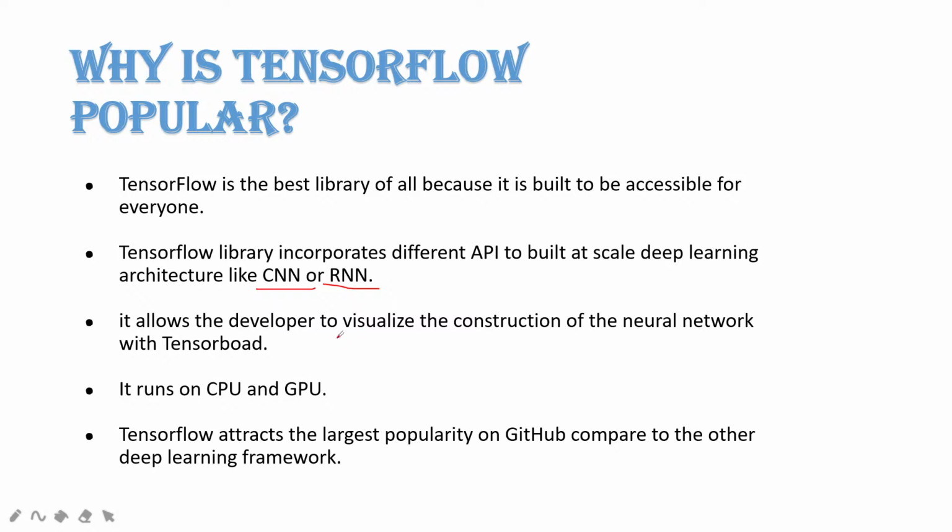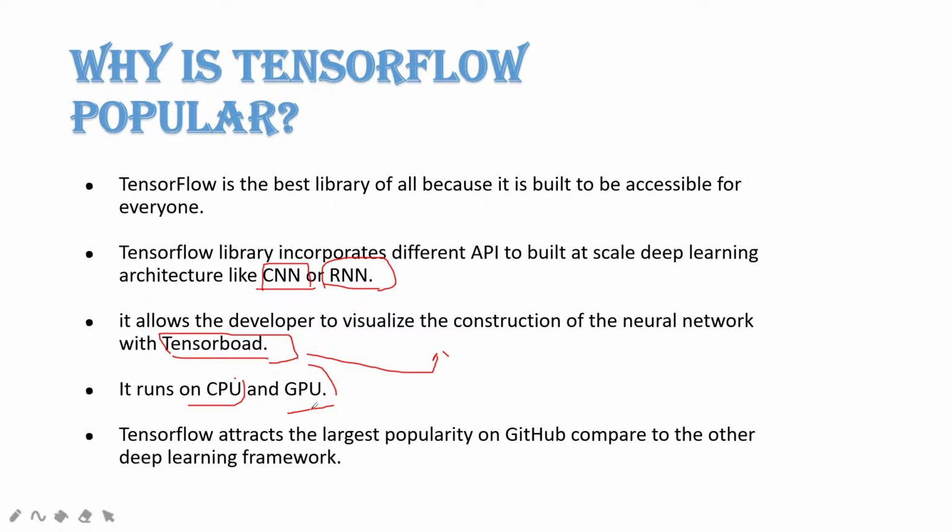It allows developers to visualize the construction of the neural network with TensorBoard. Using the TensorBoard option, if you are building any convolutional neural network or recurrent neural network, you can view your neural network architecture. And you can run TensorFlow using either a CPU or a GPU. So that is one of the most famous features.